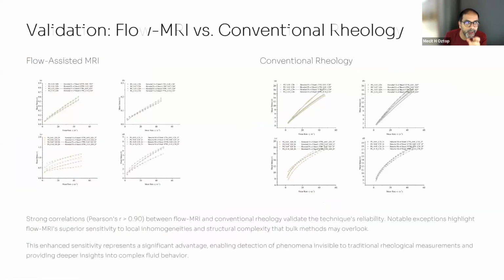Of course, when you do such a system, the important thing is you need to compare your results with the conventional rheology results so that you will be sure whether the results are correlated. That is why, for the samples that we have tested through flow imaging, we also did their conventional rheological analysis for different types of fluids, Newtonian and non-Newtonian.